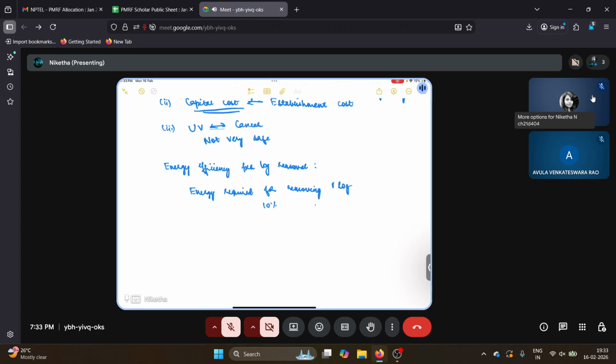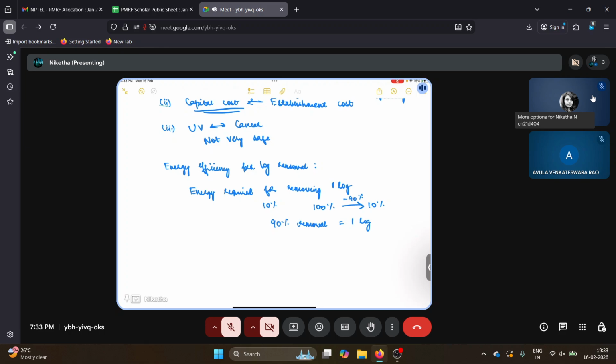If the initial concentration is 100%, to ensure that the removal is 90%, from 100 it is coming to 10%, so minus 90%. This 90% removal equals 1 log.